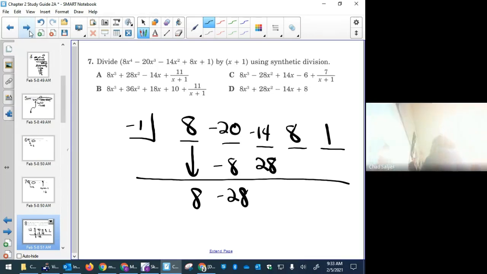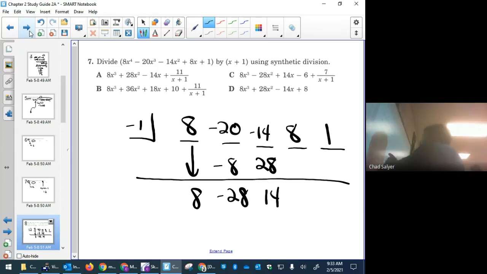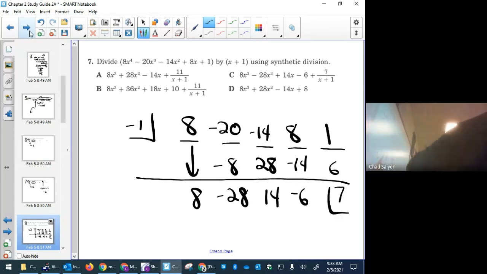And so that would be +14, -14, -6, 6, 7. So the answer is we go one less degree here: 8x cubed minus 28x squared plus 14x minus 6 plus 7 over x plus 1.